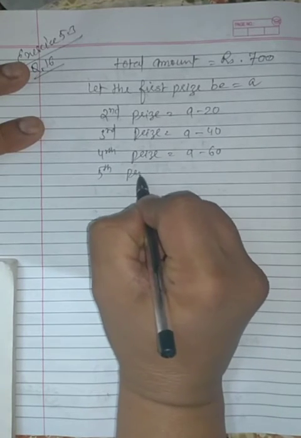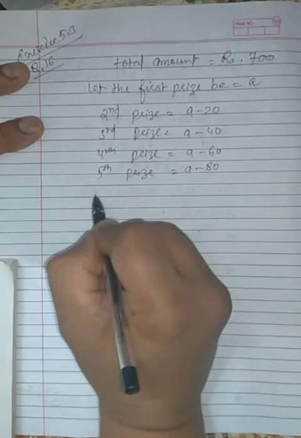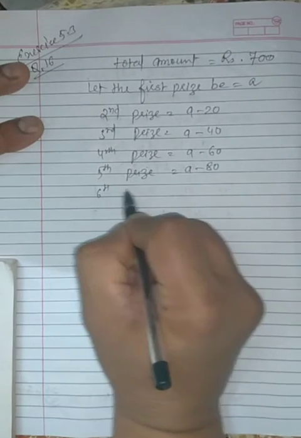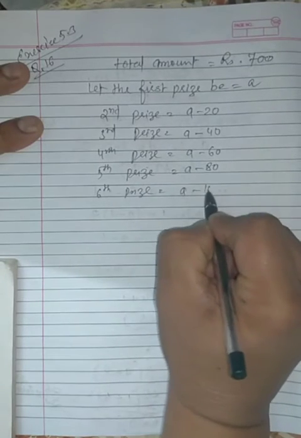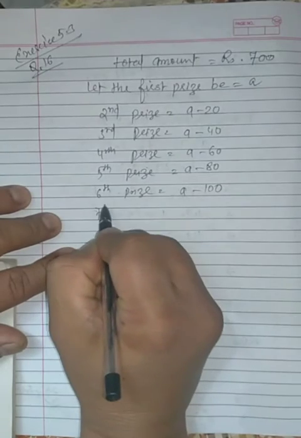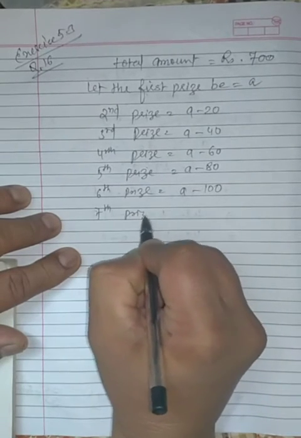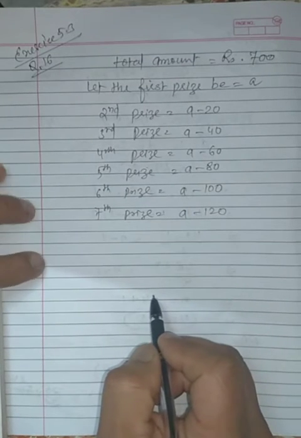Fifth prize, A minus 80. And sixth prize, A minus 100. Seventh prize is equal to A minus 120.